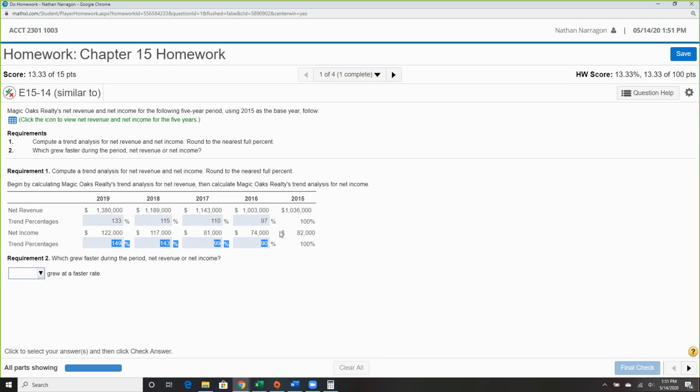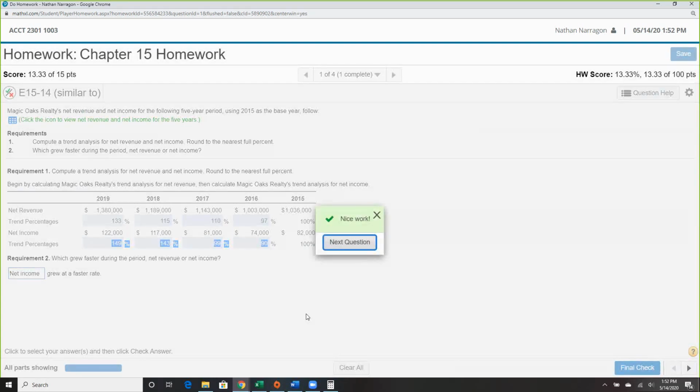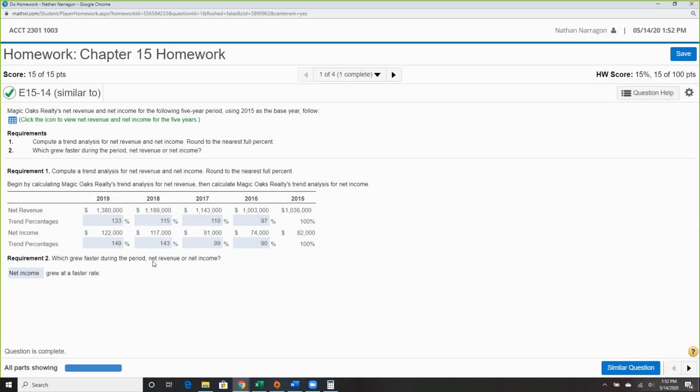So really, if we're looking at a trend that's doing well each year, that would be revenue. But I'm figuring that income with this huge jump from 99% to 143, that is pretty fast. And that's going to be for me, that's the answer.